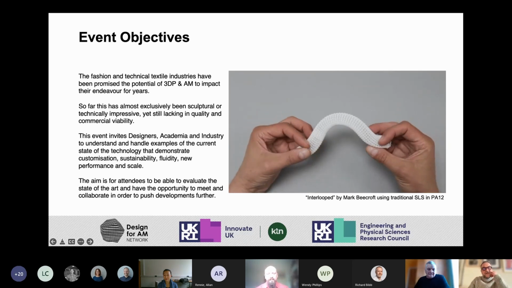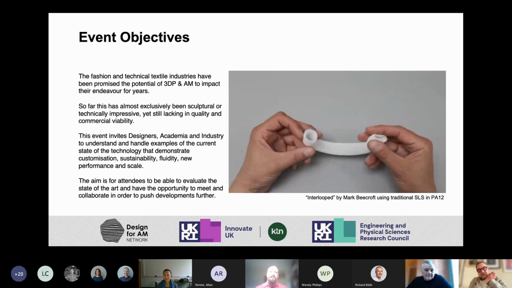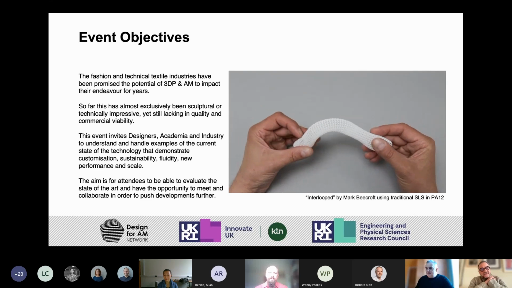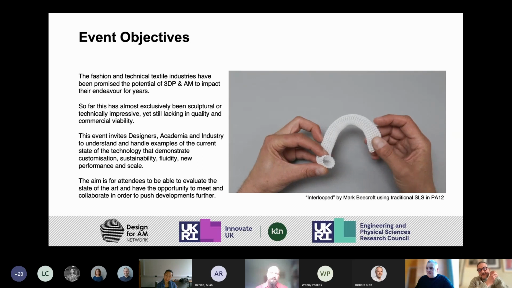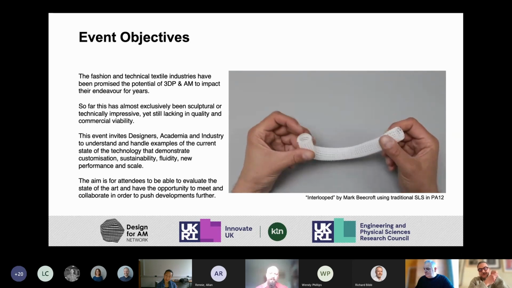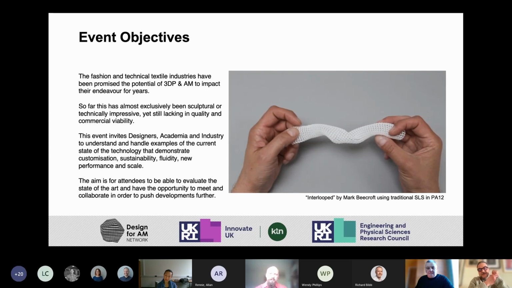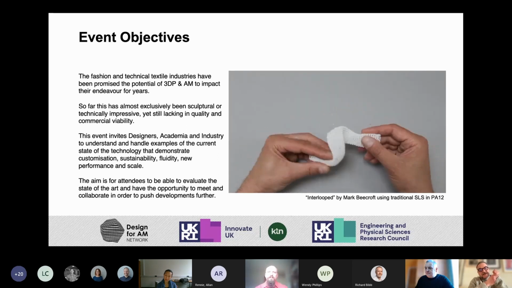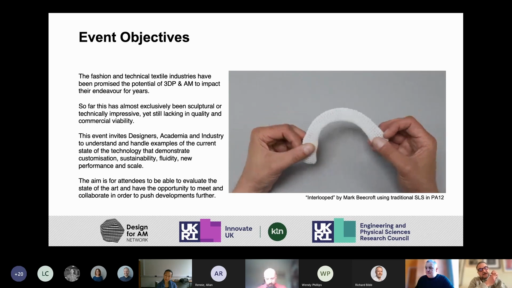The event objectives are to give people from the fashion, textile and technical textile industries an overview of where the technology really is today. For many years, they've been promised how 3D printing and AM is going to change the way they do things, and it hasn't really happened yet.